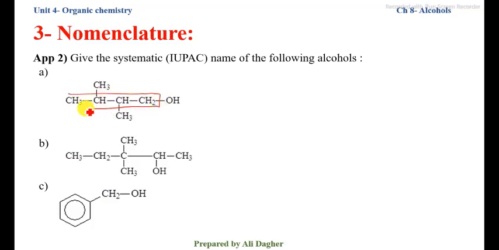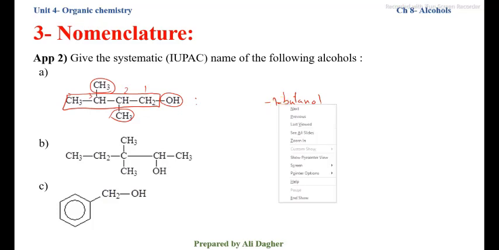This is the main chain holding the hydroxyl group, and we have methyl. This carbon number 1, 2, this carbon 3. Then 4 carbons, that means butanol, OH on carbon 1, 1-butanol.